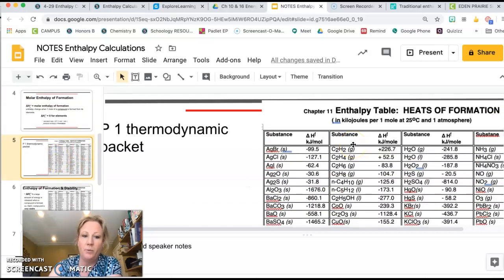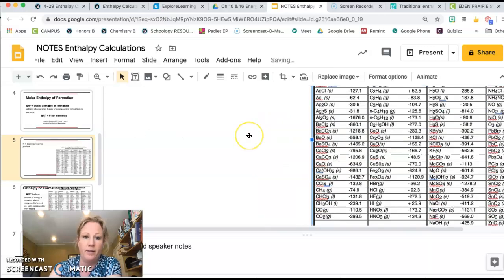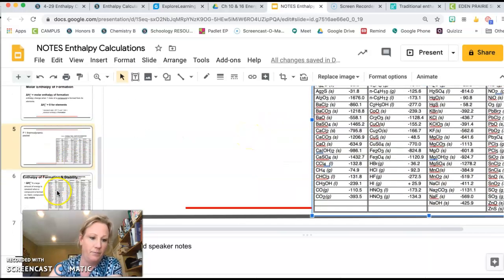So this is page 1 of your thermodynamic packet, which I want you guys to have out, and we're going to refer to this as I keep talking to you.